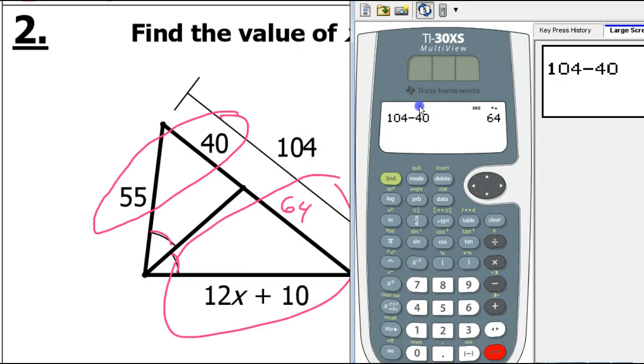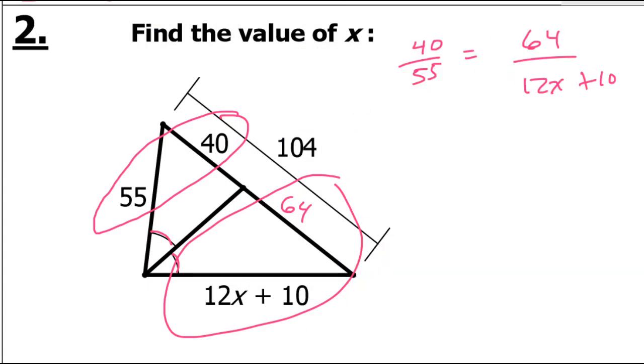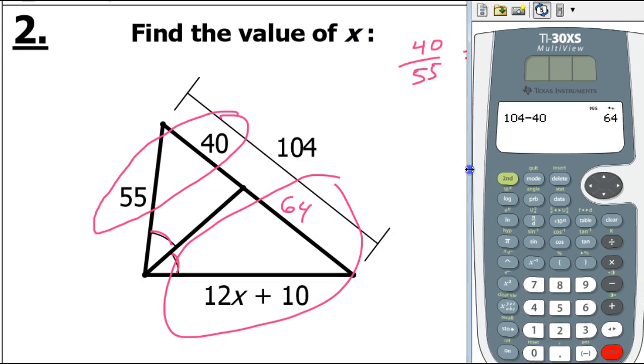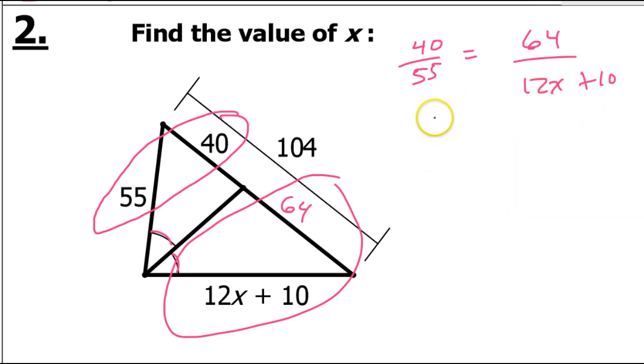Now, hold on while I get my calculator under control here. 40 over 55. That's 8 over 11. So I've got 8 over 11 is equal to 64 over 12x plus 10.